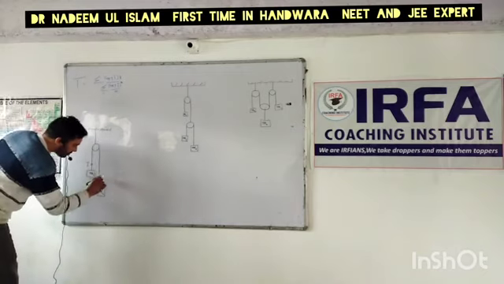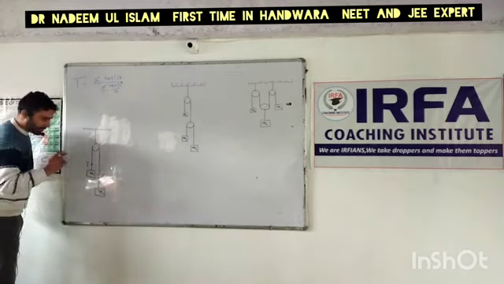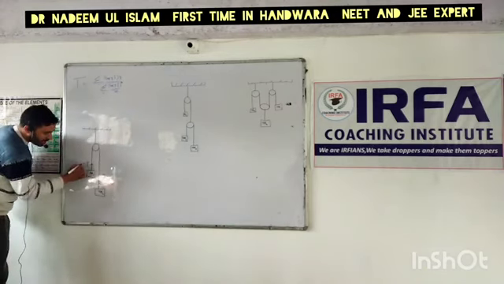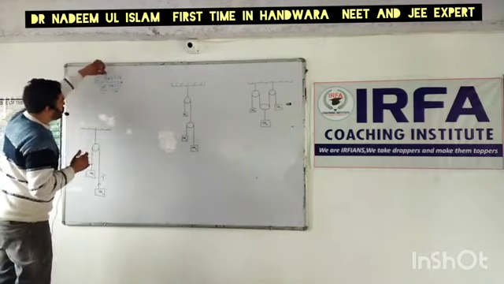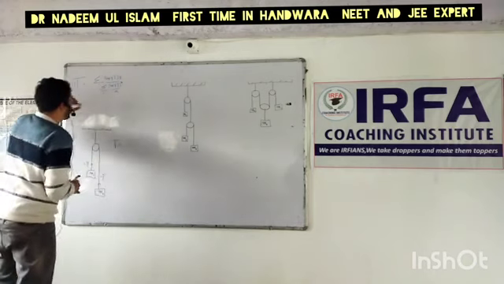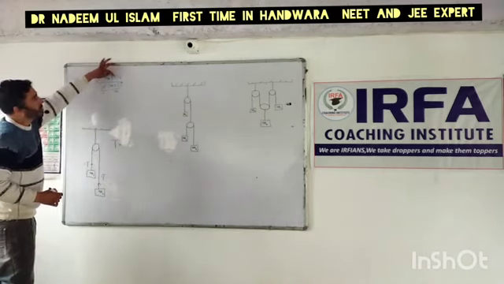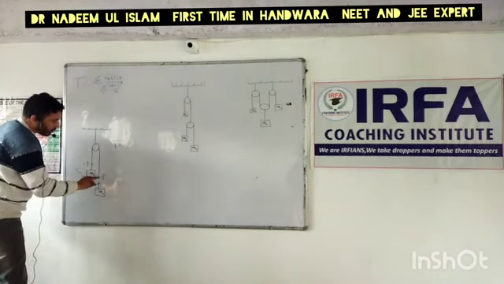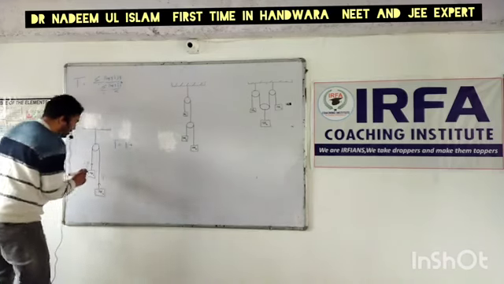Now look here. What is the coefficient of T here? It's 1. What is the coefficient of tension here? It's 1. Now let's calculate it by the trick. We have written the formula: tension equals the summation of coefficients of T_i multiplied by T. What is the coefficient here? It's 1. Plus what is the coefficient here?